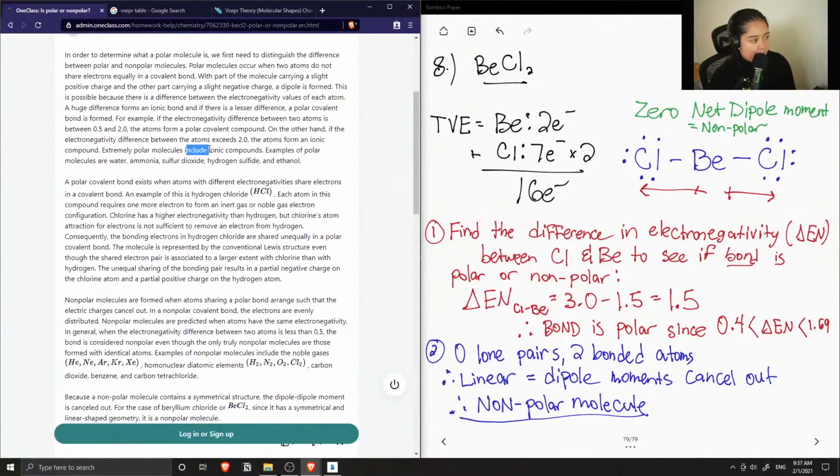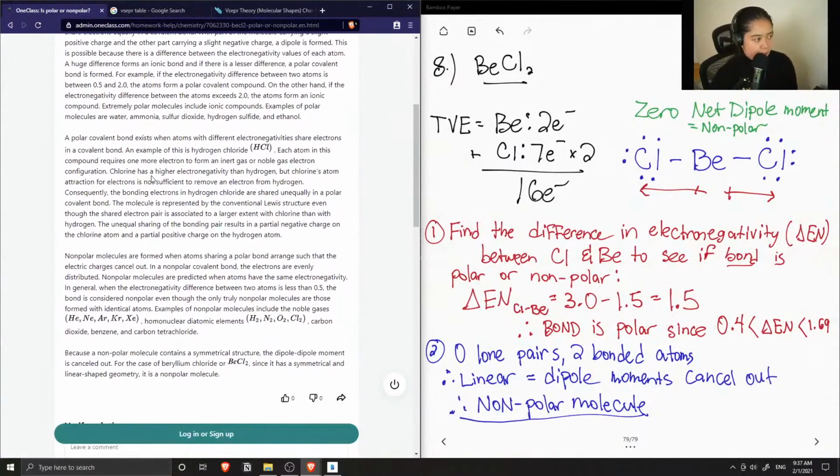And they also have some polar molecules as an example as well. So water, ammonia, hydrogen sulfide, and ethanol. So a polar covalent bond exists with atoms with different electronegativities, for example, HCl.